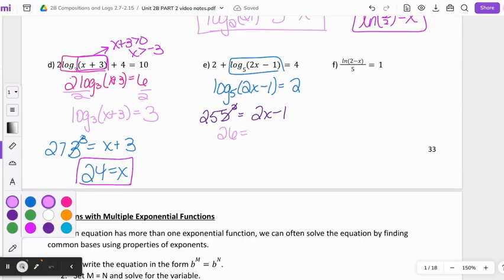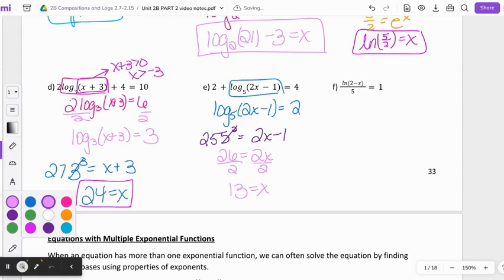We're going to add 1 over, divide by 2. We get 13, and again, we're going to go back and check that 13 falls within the domain. So back up here, 2x minus 1 is greater than 0. If we solve that, that would mean x is greater than 1/2. 13 is greater than 1/2, so that is not an extraneous solution. There will be times where we have to get rid of an answer, so we have to check on all of them.